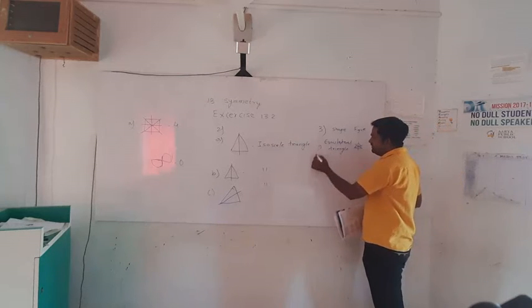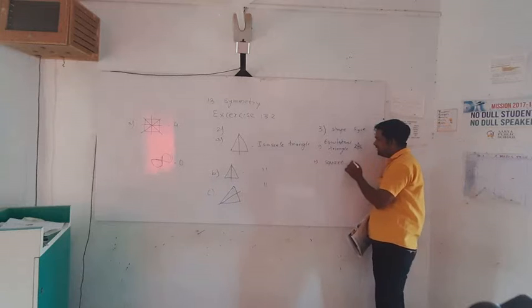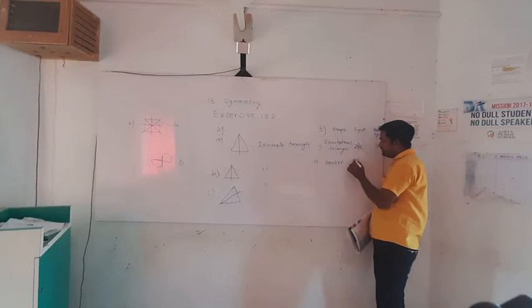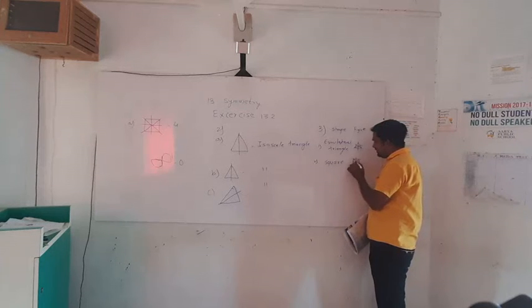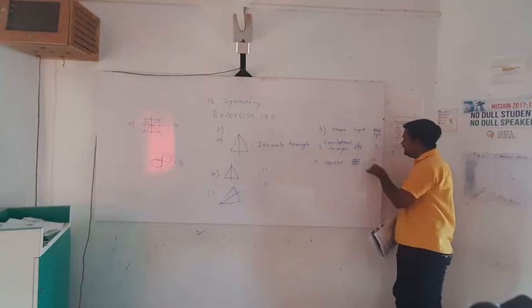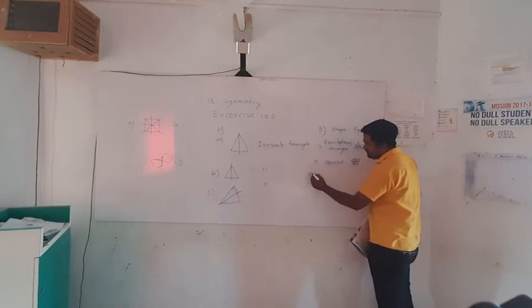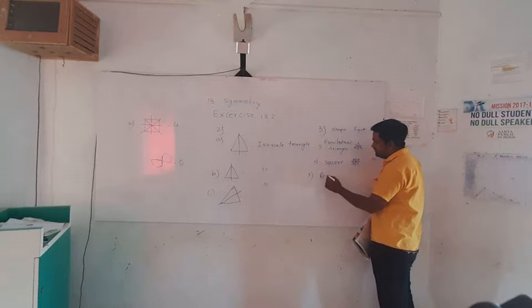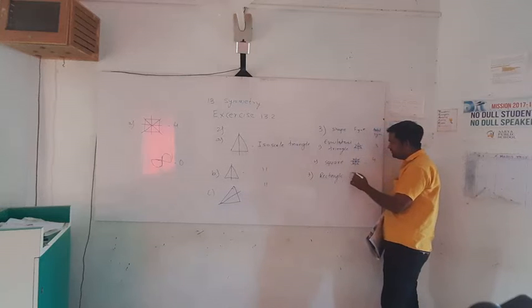This is the first one. Then the second given is a square. You know that a square has how many lines of symmetry? 4. 1, 2, 3 and 4. So you can write here 4 lines of symmetry. Then a rectangle. A rectangle, yesterday you have seen one activity, standing and sitting.